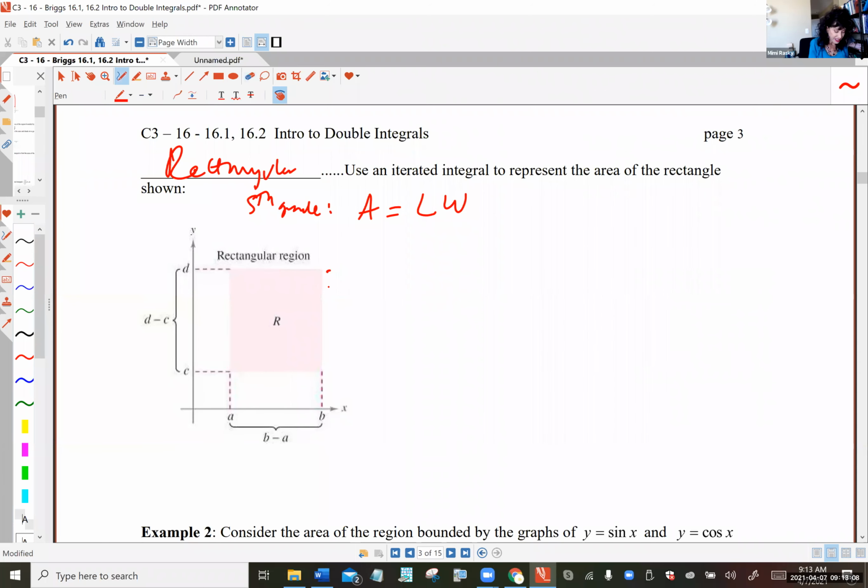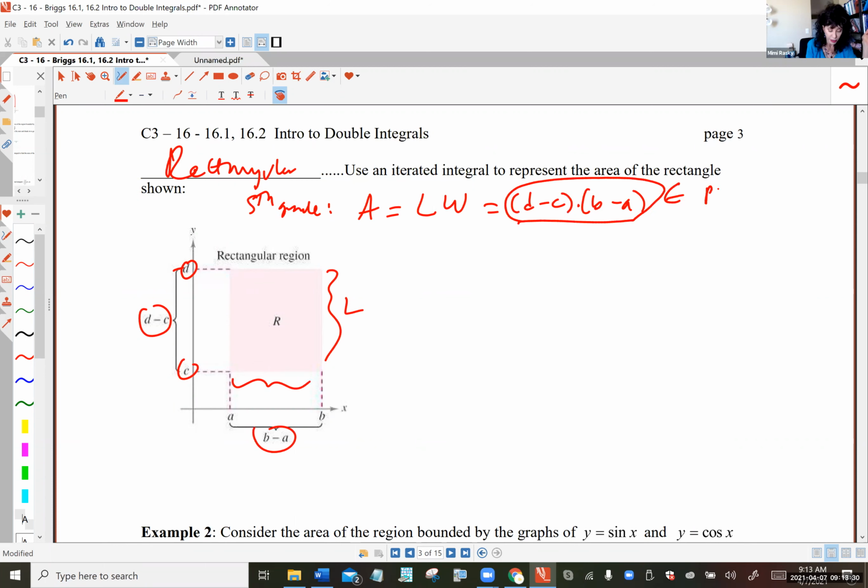If this is the length, d minus c, the difference between d and c, and the width is b minus a, we're done. Congratulations, we just found the area of this rectangle. It's length times width. It's just some pure number. Whatever c, d, a, and b are would determine it, but it's the area of a rectangle.